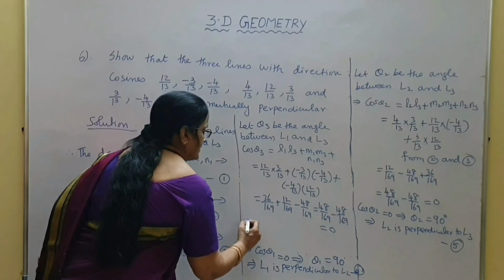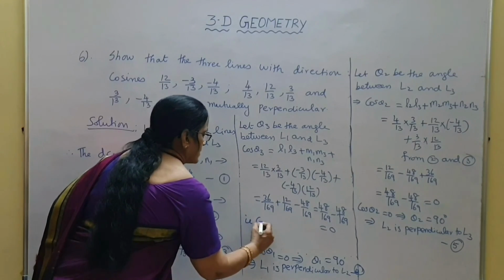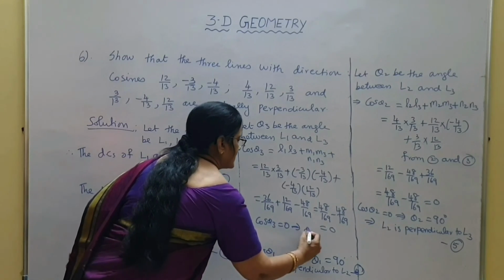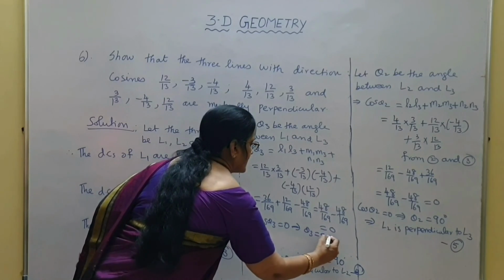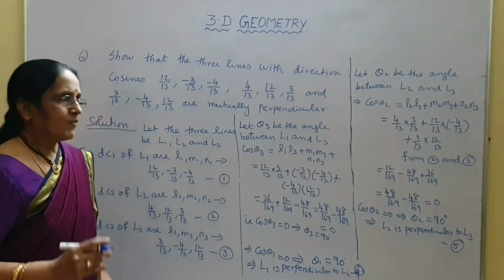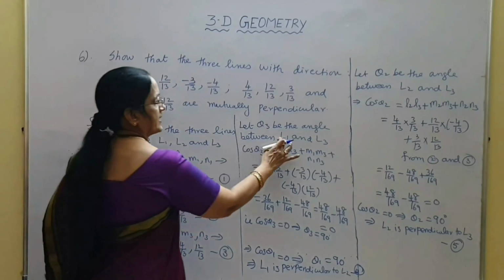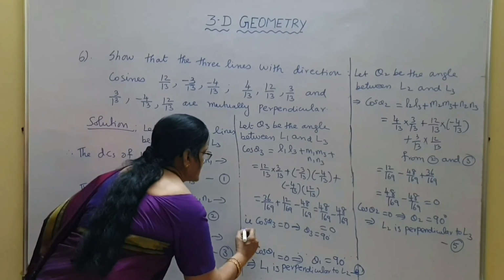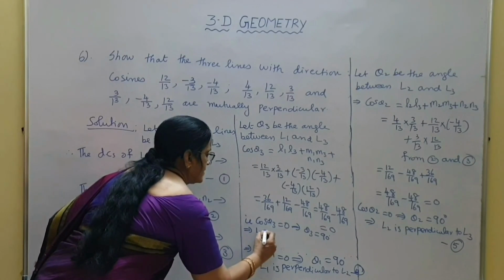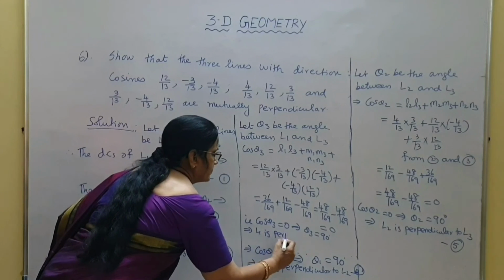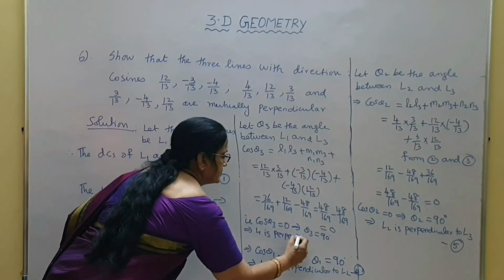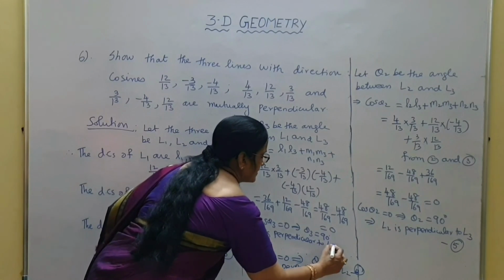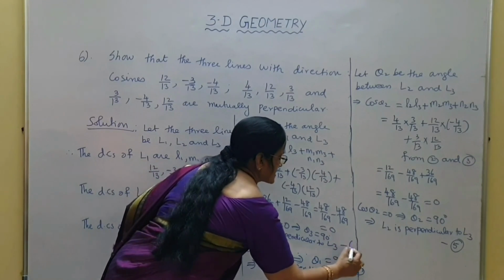This implies cos theta 3 is equal to 0 implies theta 3 should be 90 degrees. What does it convey? The line L1 is perpendicular to the line L3. Let us name this as 6.